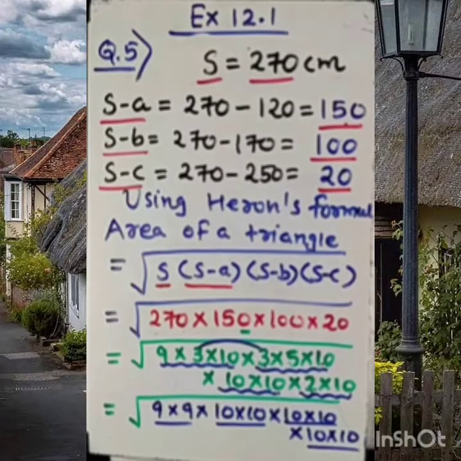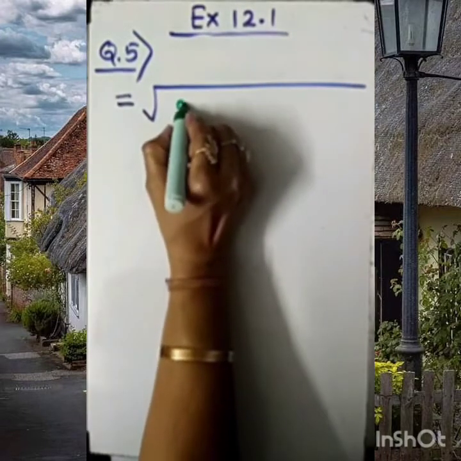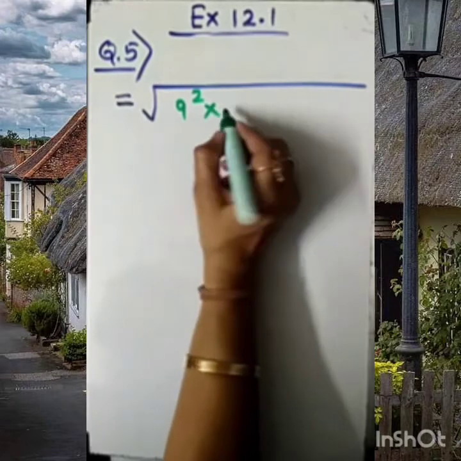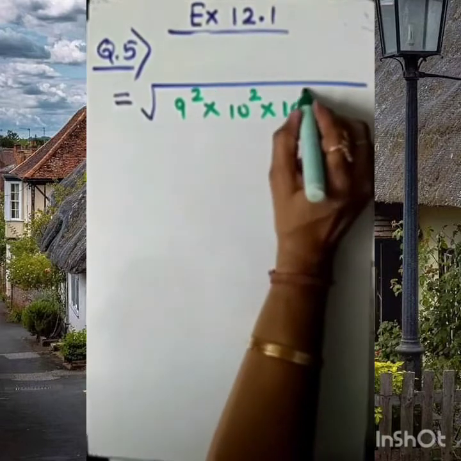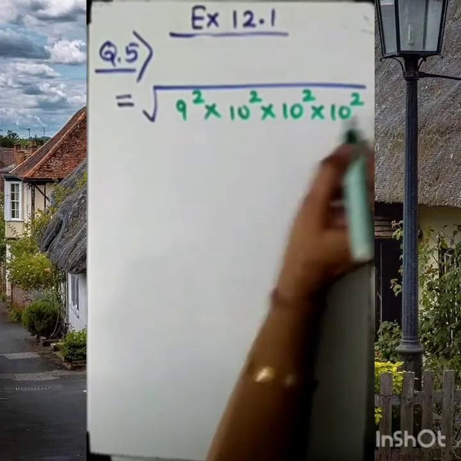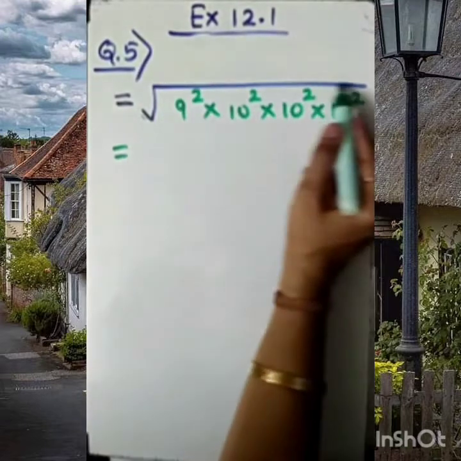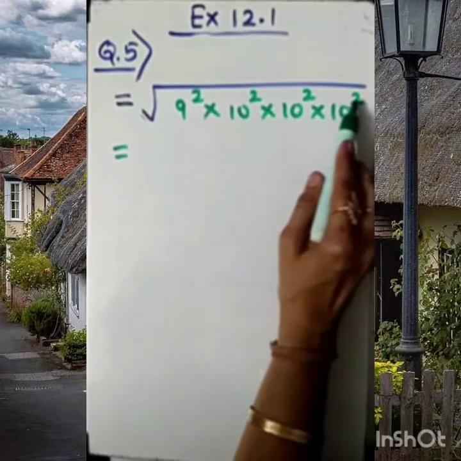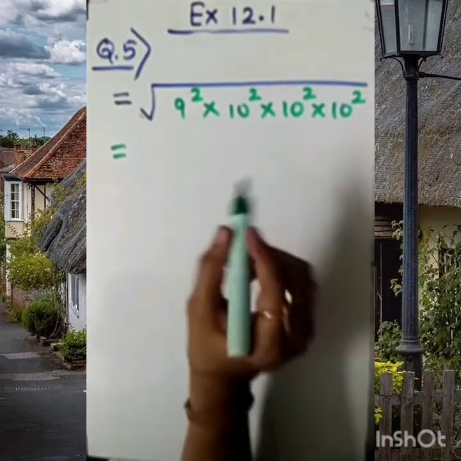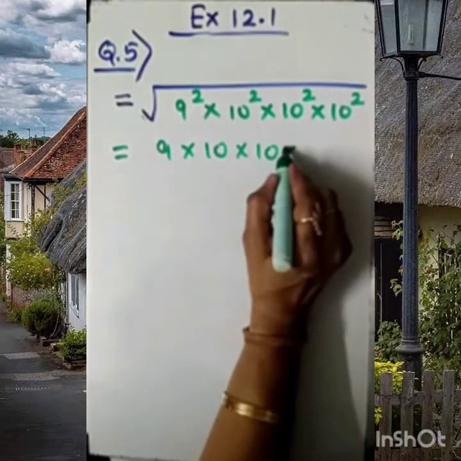So in the next step, let me write here 9 square into 10 square into 10 square into 10 square. So my dear student, these are in under root, and if we remove this under root, then all these square terms will be removed. So what will be left? 9 into 10 into 10 into 10.